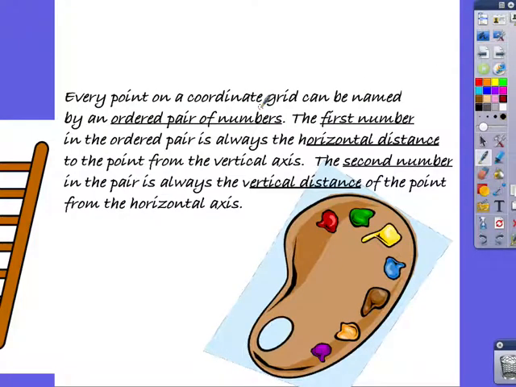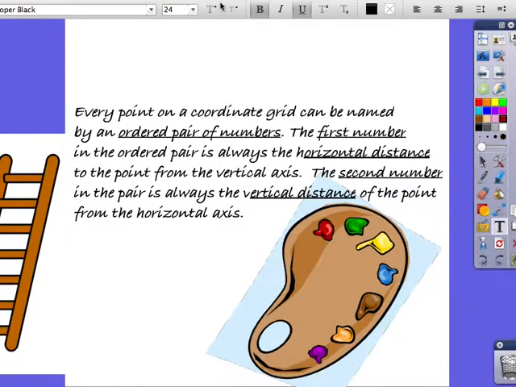Every point on a coordinate grid can be named by an ordered pair of numbers. That's where we first saw some numbers when we were plotting in our math message. An ordered pair would look like, usually in parentheses, (3, 7). That is an ordered pair. The first number in the pair is always the horizontal distance.